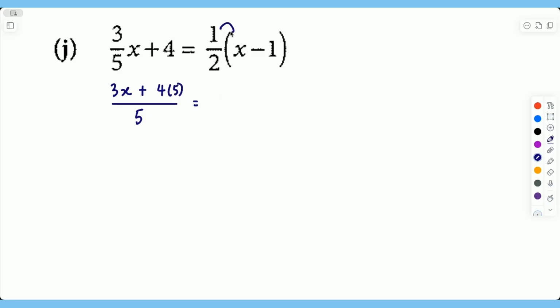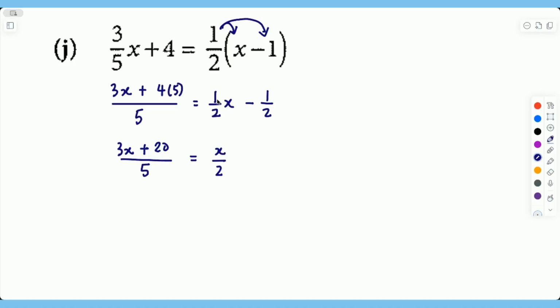And we will expand out the right side. That will be half x minus half. 3x plus 4 times 5 is 20 over 5 is equals to half x is also x over 2.